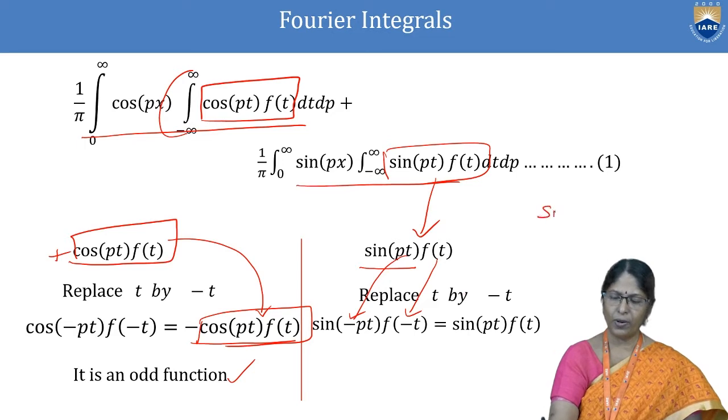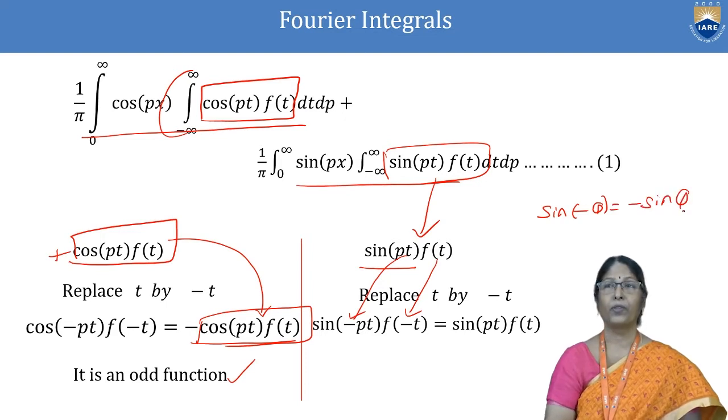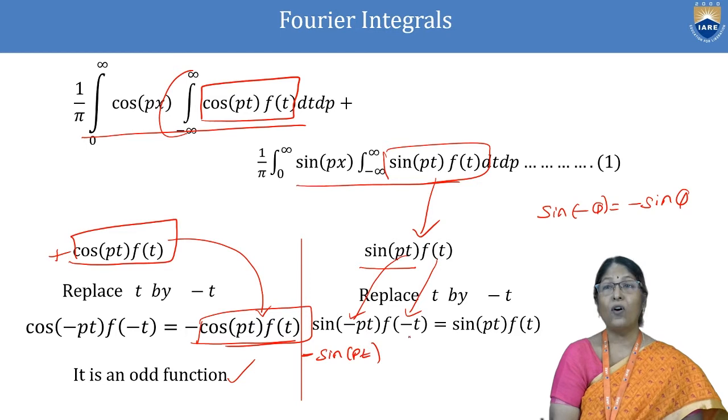We know the trigonometric formula, sine of minus theta equals minus sine theta. According to that, sine of minus pt, f of minus t is nothing but minus sine of pt times minus f of t.